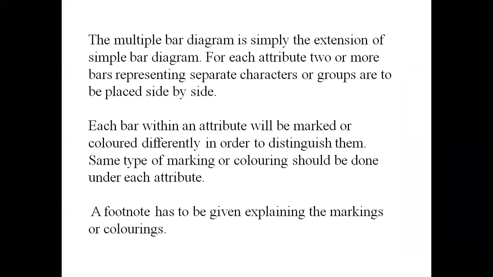Whatever bundle of bars we are showing, we have to use different colors for each bar. That is the main point to be considered while drawing the diagram. Marking color should be done under each attribute. A footnote has to be given explaining the marking of the coloring.